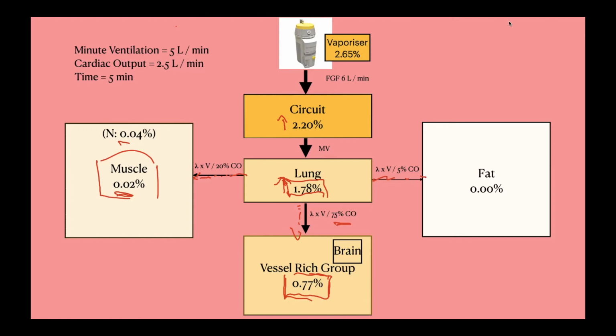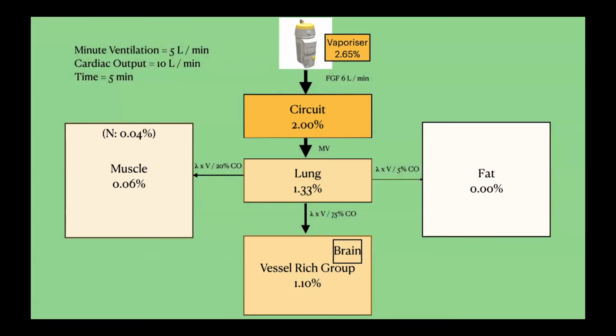And I hope this diagram here explains to you what low cardiac output does. So low cardiac output allows you to achieve a much higher concentration in the lung, but the flip side to it is that equilibration between the lung and vessel-rich group takes a little bit longer, okay?